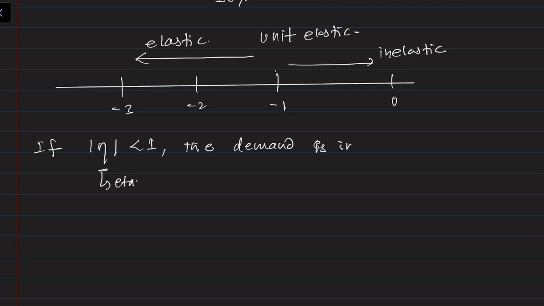And if the absolute value of elasticity is greater than 1, this means for every 1% change in price, quantity demanded changes by more than 1%. If that is the case, then we say the demand is elastic.